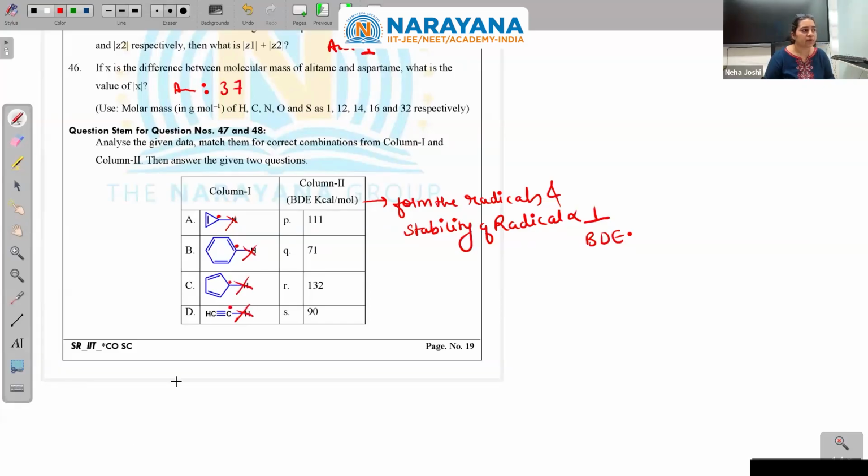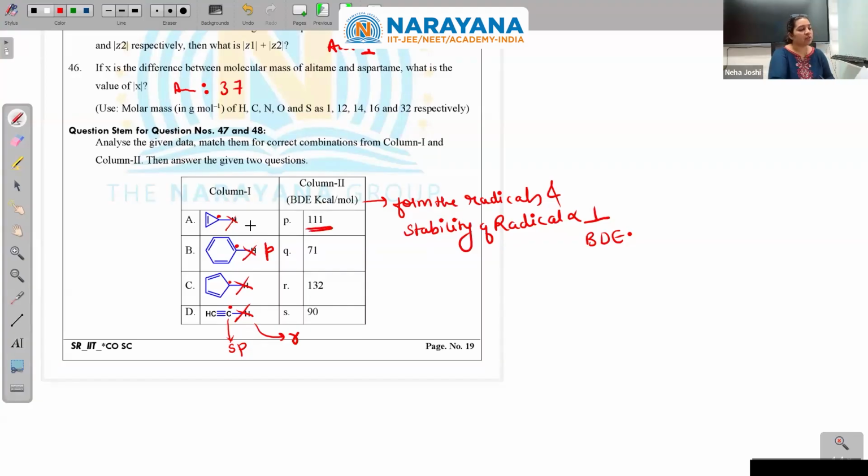Similarly here. Now, the highest percentage is sp hybridized. So if I say this is going to be the most unstable radical, with the highest BDE, this should have the value for R. This one is the radical with the second highest, so this will have the value of P, 111.